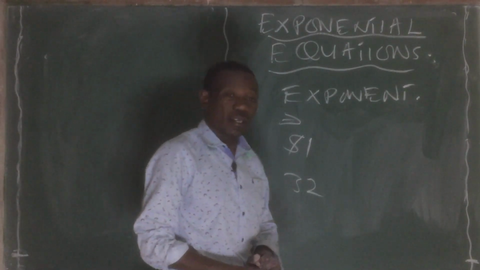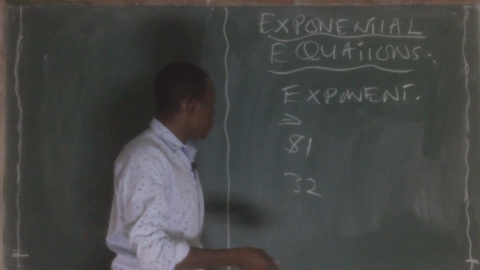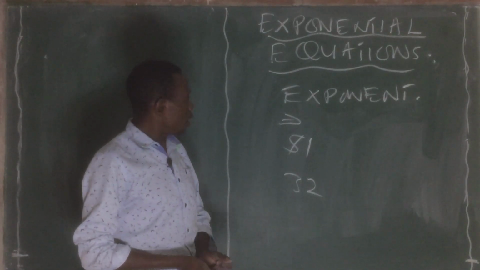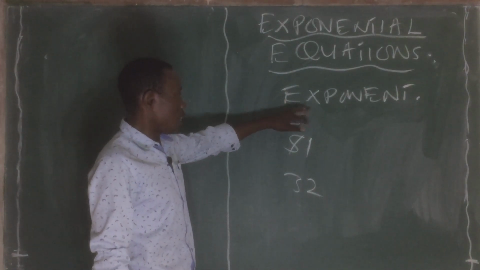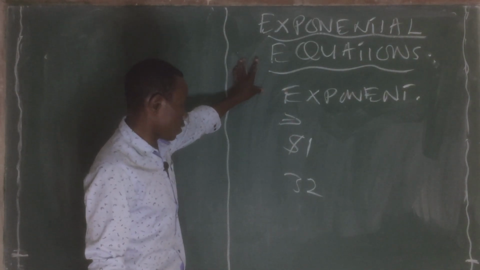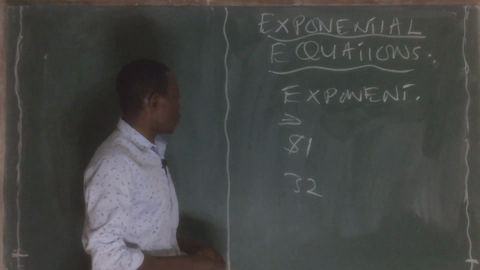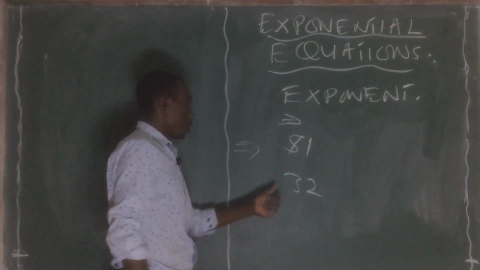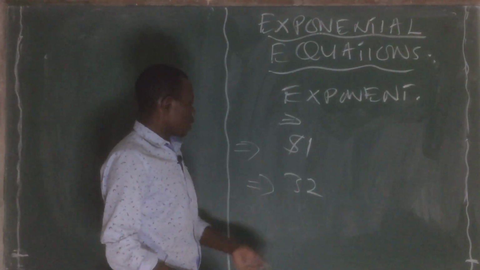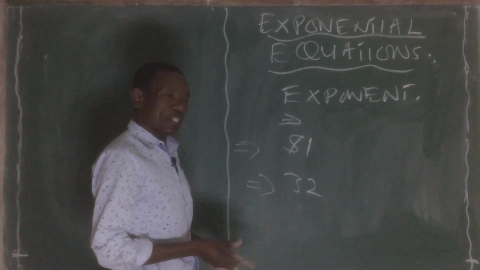In mathematics, at times, we prefer to write numbers in different forms. Here, I'm trying to define what an exponent is so that we can understand what an exponential is. So let us consider numbers like 81 and 32. Sometimes you may prefer to write them in factors.